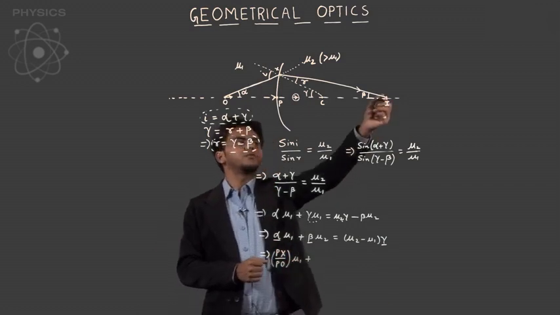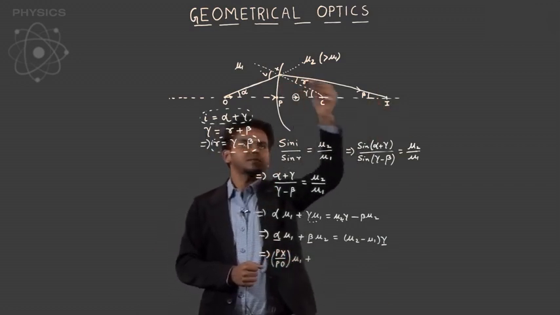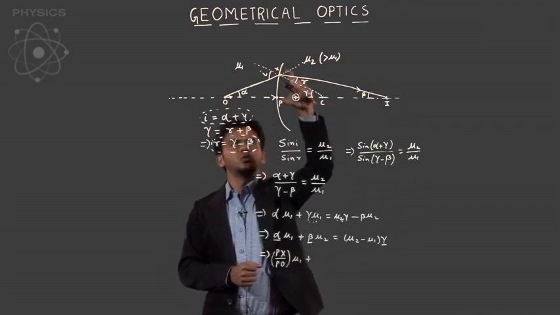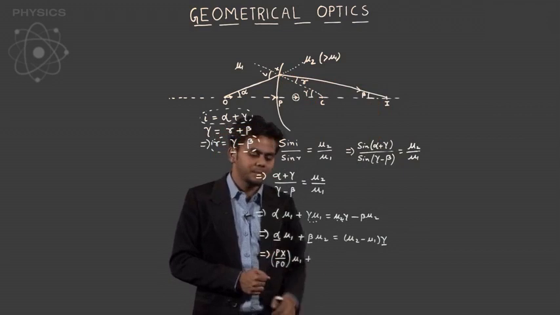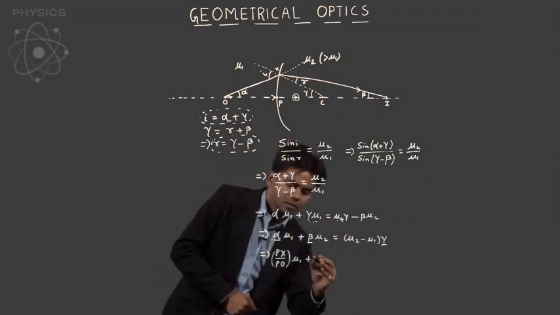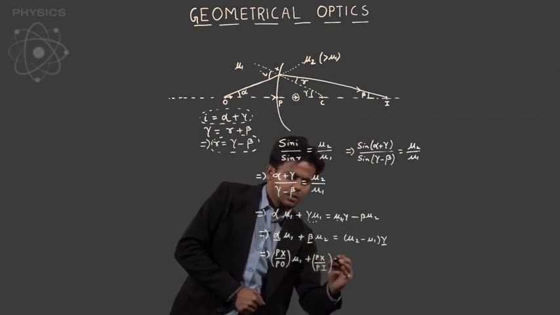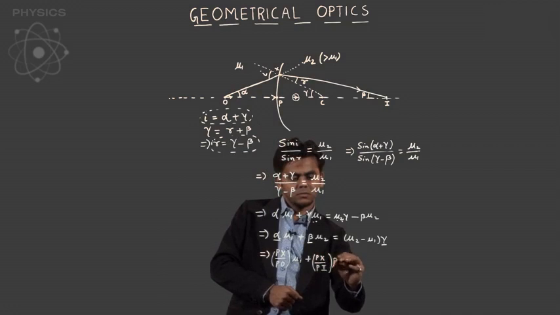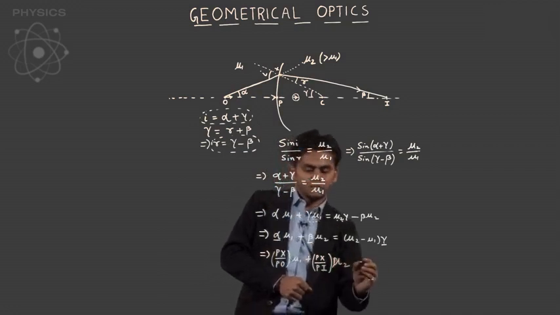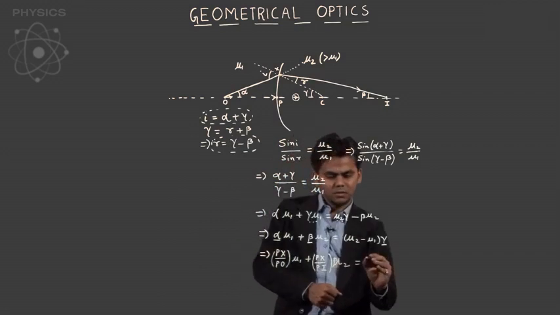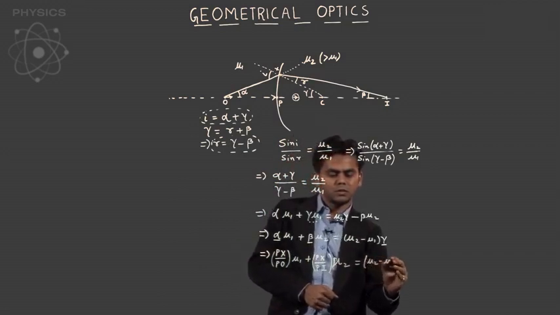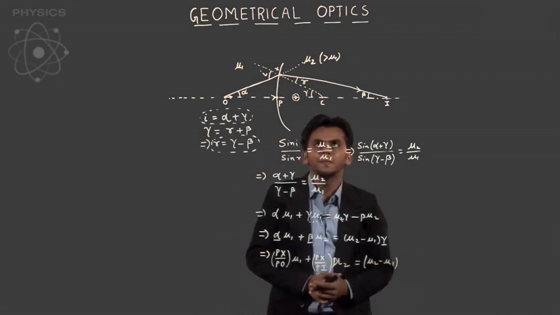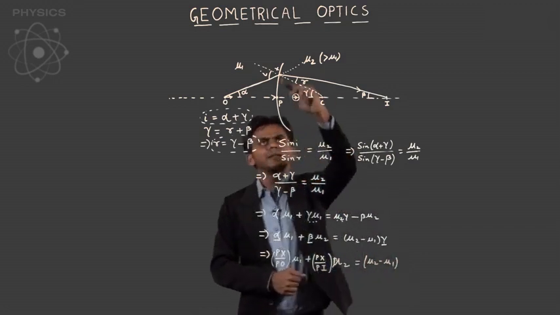Beta can be found out from this triangle PXI. Tan of beta is equal to PX upon PI. I'm approximating beta as tan beta. PX upon PI times mu2. This equals mu2 minus mu1 times gamma. Gamma can be found out from this triangle.